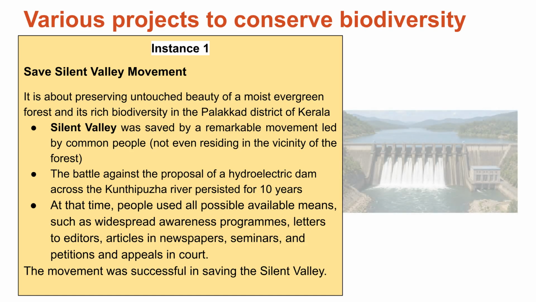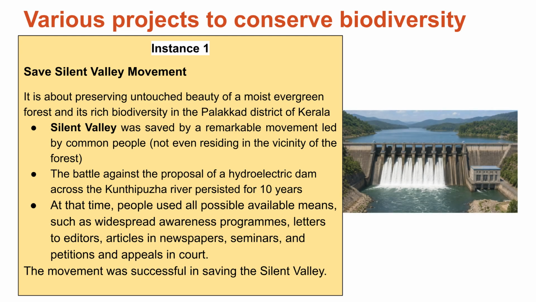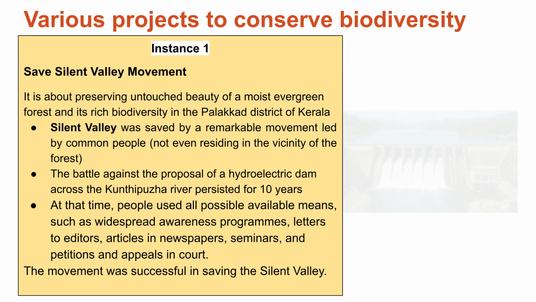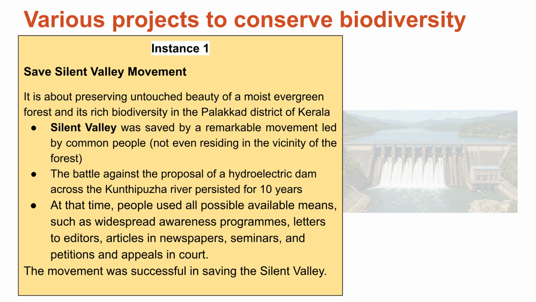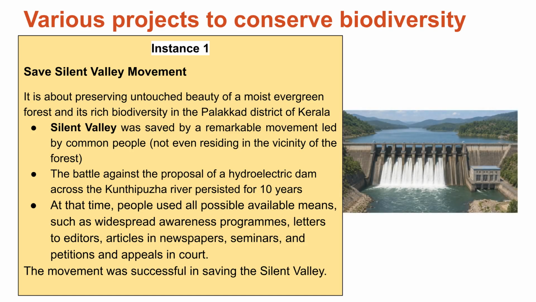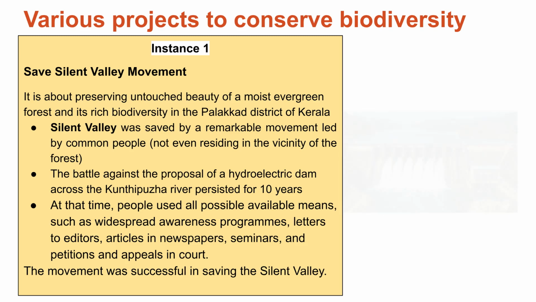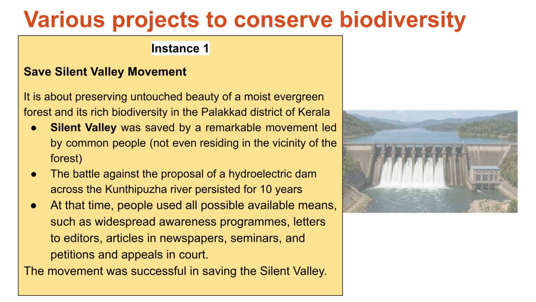It was saved by a remarkable movement done by common people who were not living in that area. It took around 10 years to completely stop the construction of a dam. People used various resources and spread awareness among different people, and finally, they were successful in saving the Silent Valley.